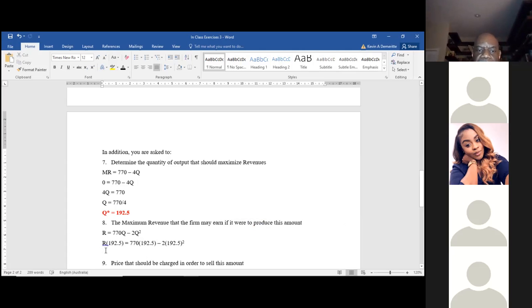Mr. Demerit, I'm confused on why you put Q on the side of R. Okay. All we're doing is reminding ourselves what the Q is that we're dealing with. Up to this point in this class, we've simply left it as R. But technically speaking, we want to remind ourselves what our output is that we're trying to find the revenue for.